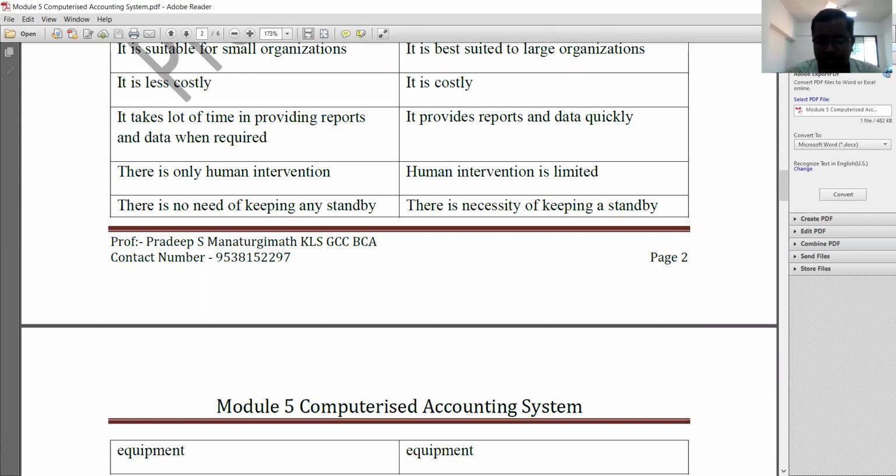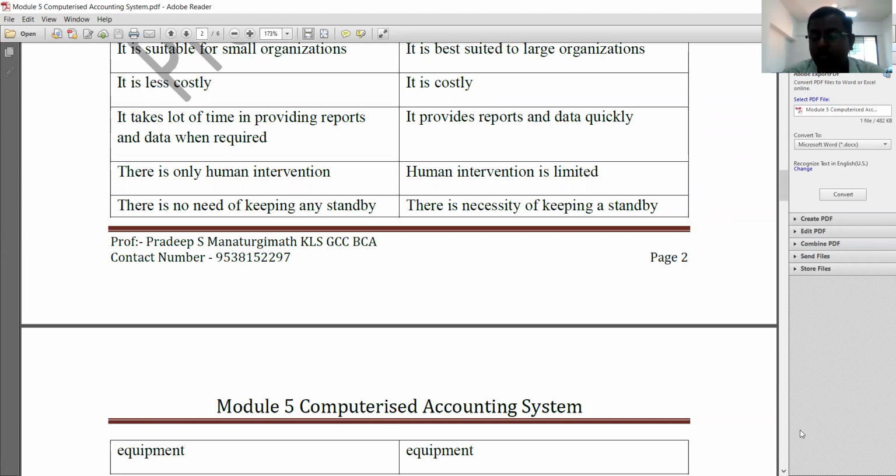So you should be perfect with its meaning, its features, its advantages, disadvantages, then the difference between computerized accounting system and manual accounting system. Then the application of computers in accounting, that is in which areas we will use this accounting system. And another very important thing is the prominent accounting softwares that are used by businesses. So keep all these things in mind before going for the exam.